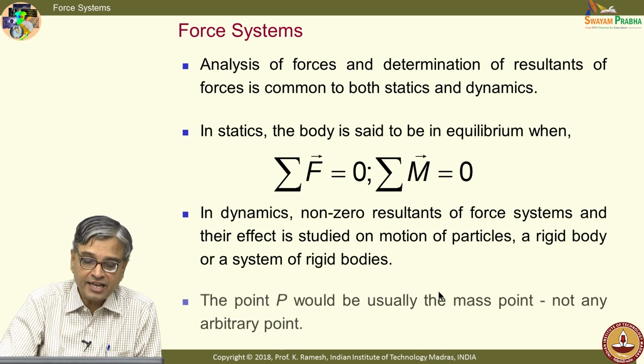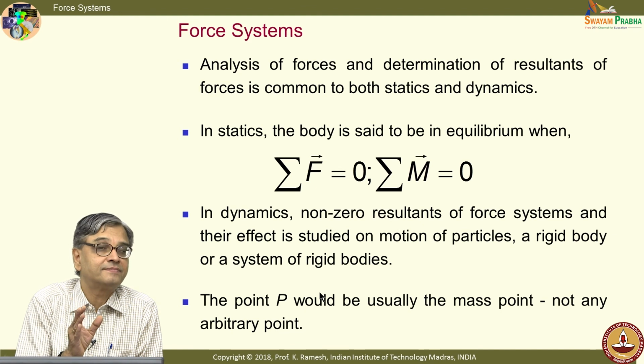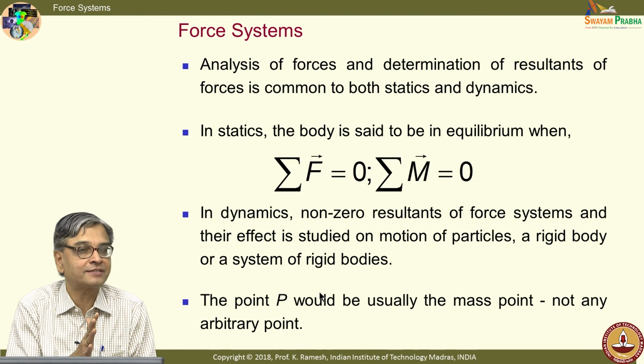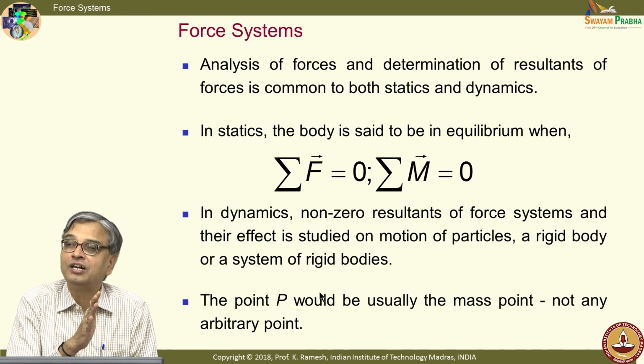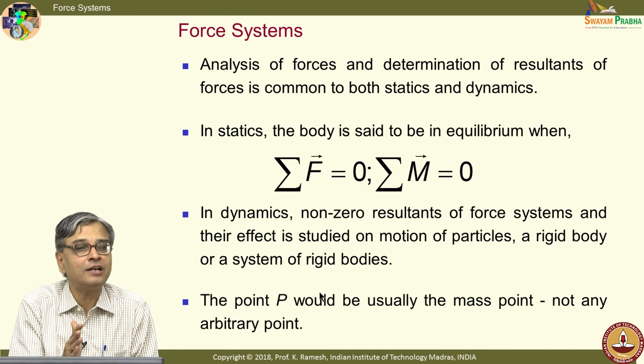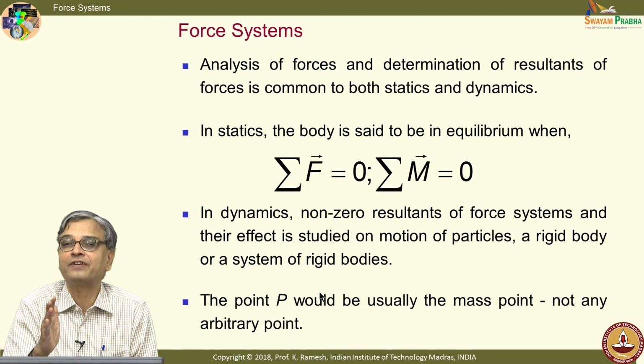In such a case, what would be the point P? You look at the mass point as the important point in dynamics. Whatever we have learnt in this class is equally valid for statics as well as dynamics. There is no difference at all.